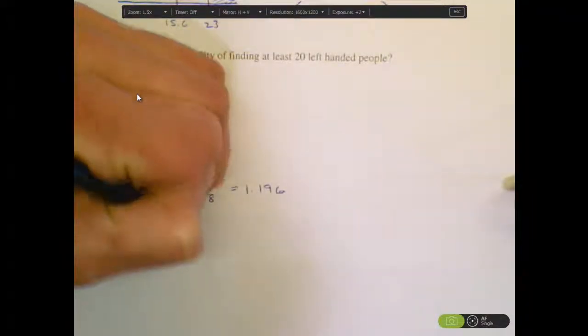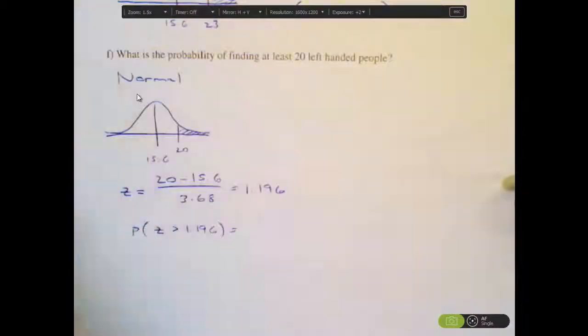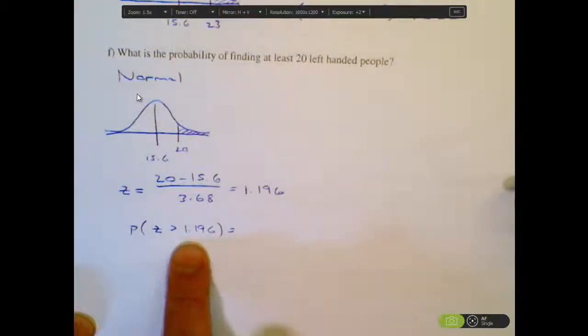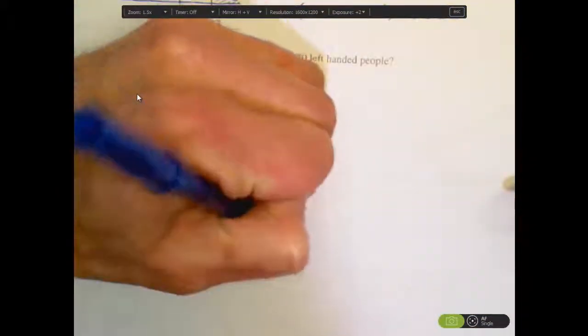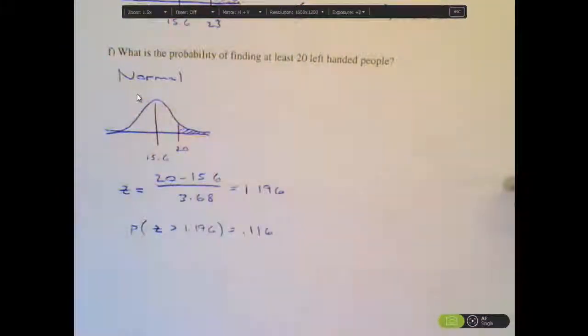Using normCDF, I'm not going to show this, I will just verbally explain normCDF from 1.196, comma 99. And that's going to give me 0.116. So about an 11.6% chance of finding at least 20 left-handed people out of 120 using the normal model.